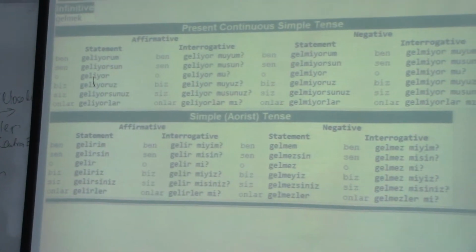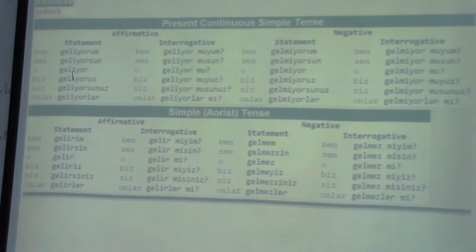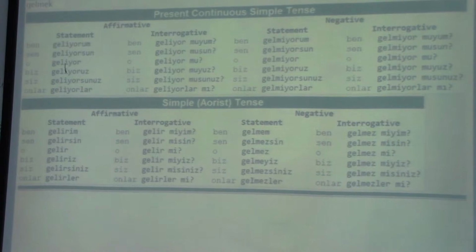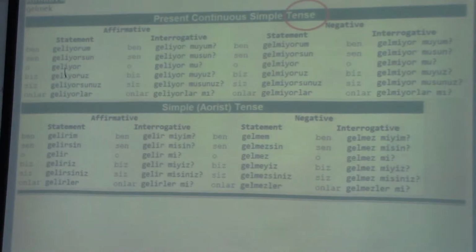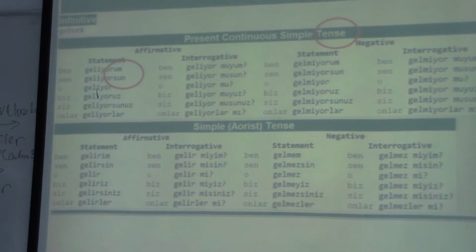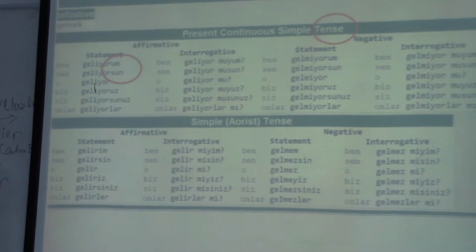So if we look at the Turkish verb, what does it need to express in order to be a verb? It has to have tense, right? This tense has to appear and reflect who is speaking.